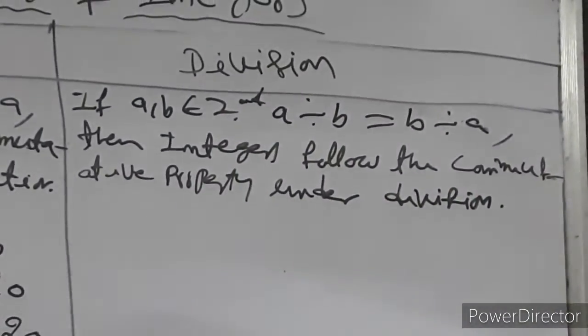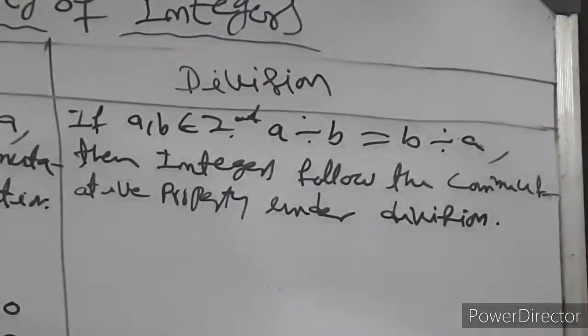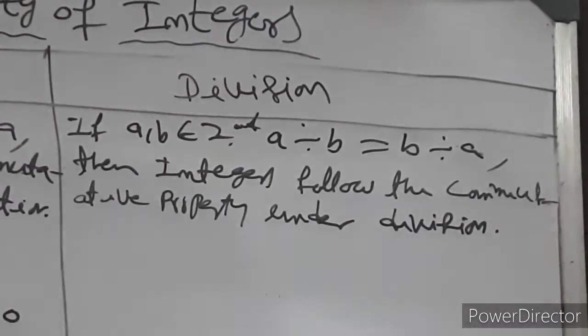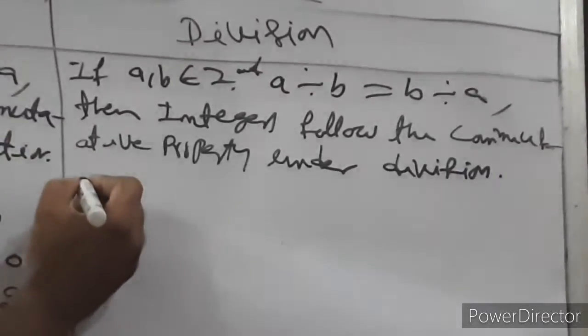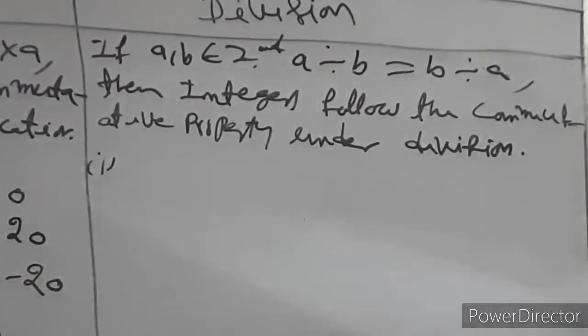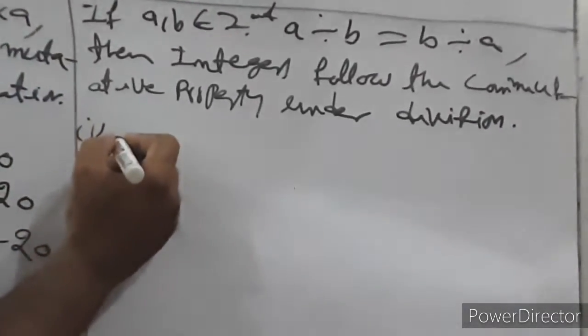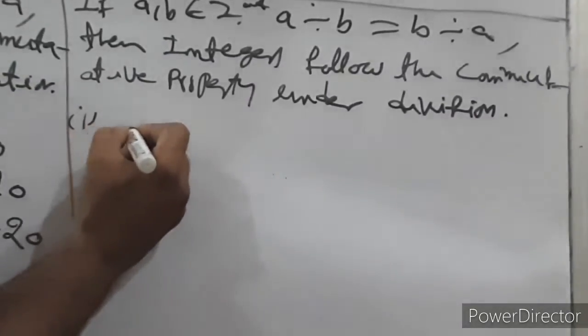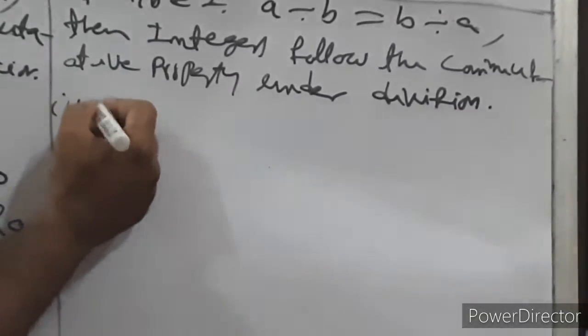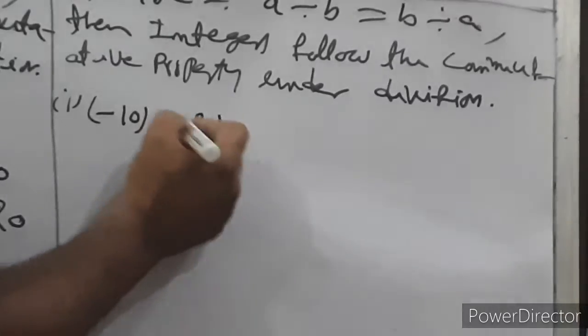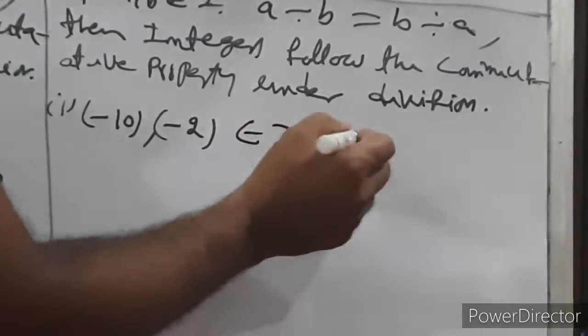So there also we check this property by taking some examples. That is one: minus 10 and minus 2 belong to Z.